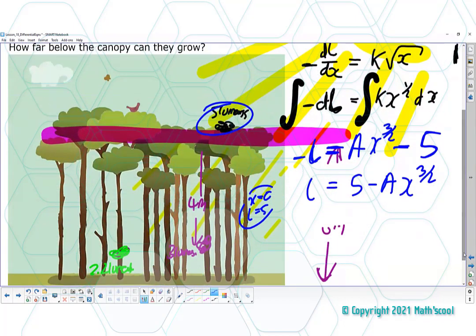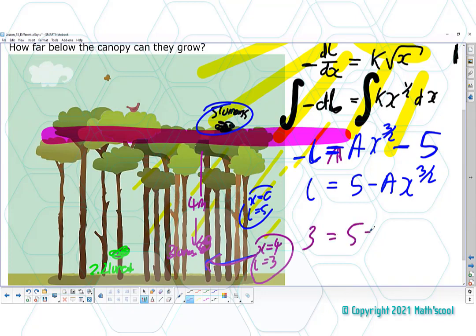Now, the other thing I know is that when L is 3, x is 4. So that's this one. x equals 4, L equals 3. So 3 equals 5 minus A times 4 to the power 3/2.